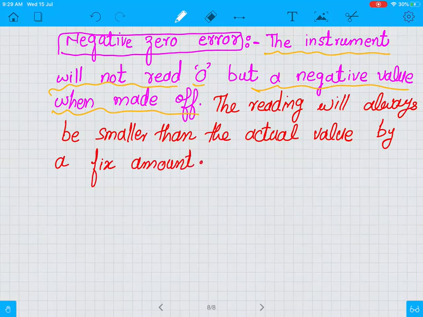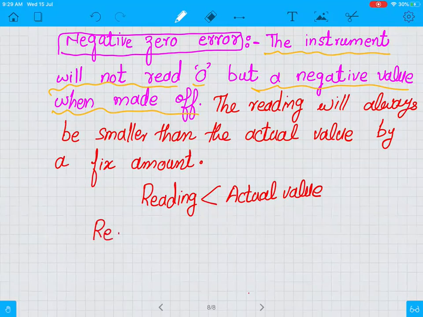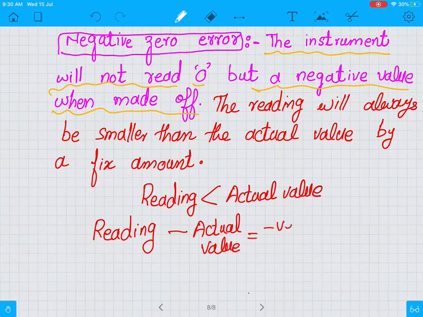So here the reading will be smaller than the actual value, and if you subtract the actual value from the reading, reading minus actual value will give a negative constant.